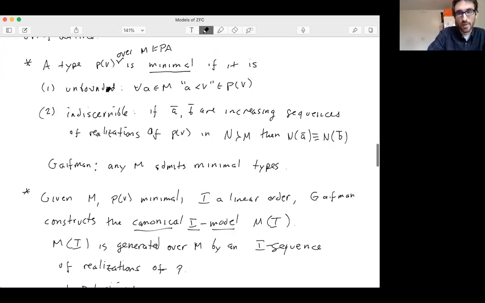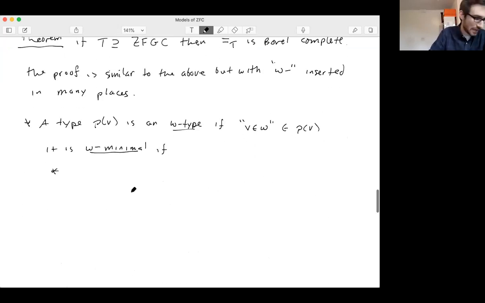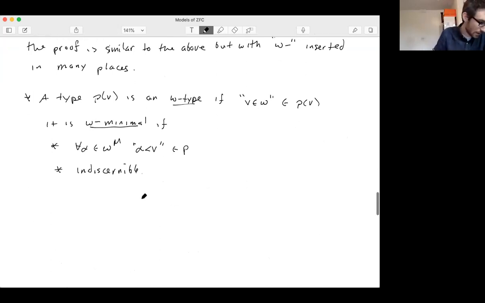For us, we just want unbounded in omega and indiscernible. So omega-minimal will say: for all alpha in omega of the model, alpha less than v is in P. And indiscernible is the same, just working inside the omega of M.